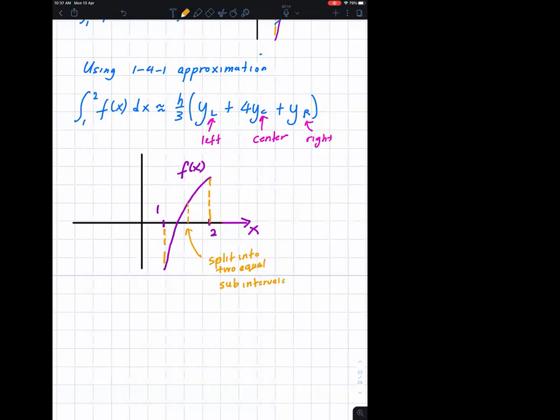The left endpoint is 1 and the right endpoint is 2. So what is in the middle?